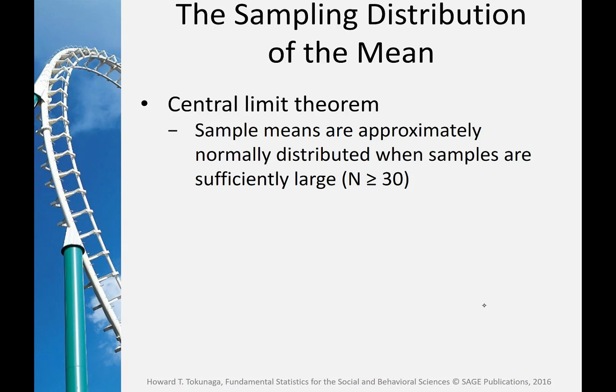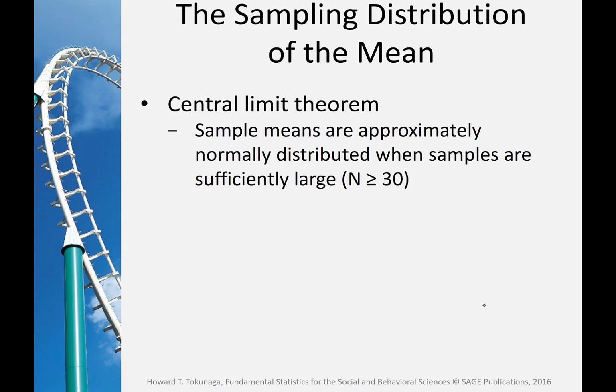The central limit theorem tells us that as our samples get bigger, the sample means that we draw from them will more approximate a normal distribution. So in terms of samples, the size of the sample matters. We need to pay attention to that.